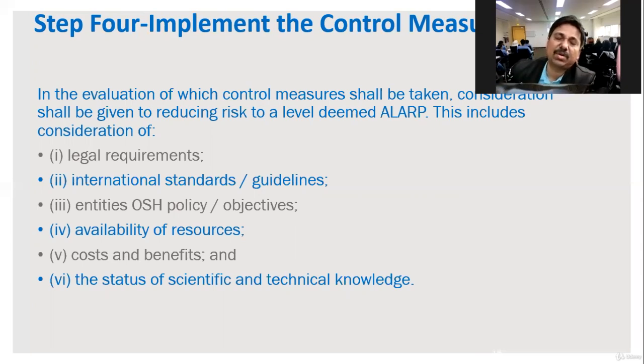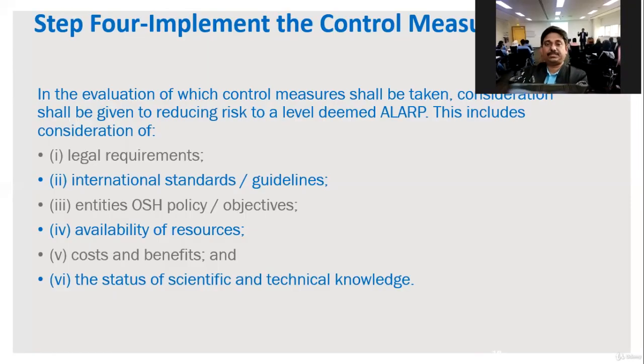As we discussed, control measures will be based on availability of funds, based on legal requirements. Suppose you need to have a fire suppression system, based on the legal requirements, you must have. There is no other option in your company, correct? And cost and benefits also will control sometimes the size of that fire suppression system. Even though it is a legal requirement, we will go for a low cost equipment, right?